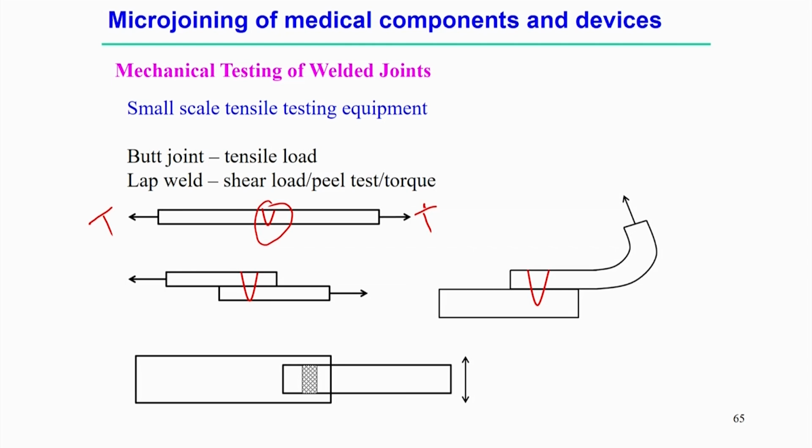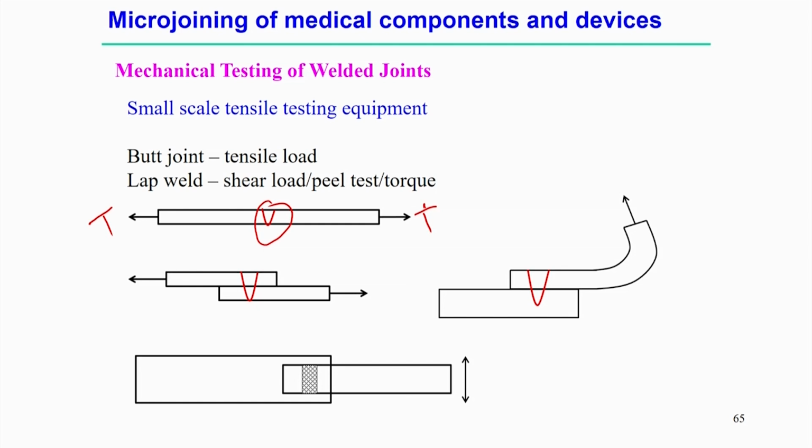But since sample sizes are very small, we need to consider all these tests in micro tensile testing equipment. So, from the tensile analysis we can find out the joint strength or maybe the failure mode.